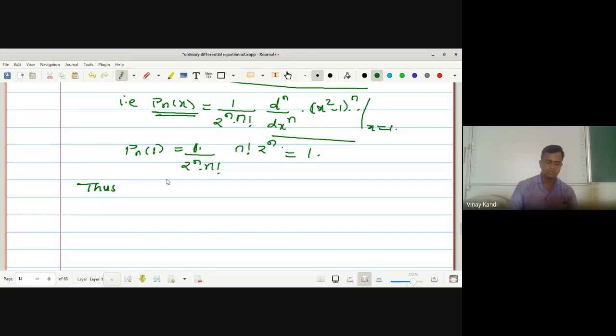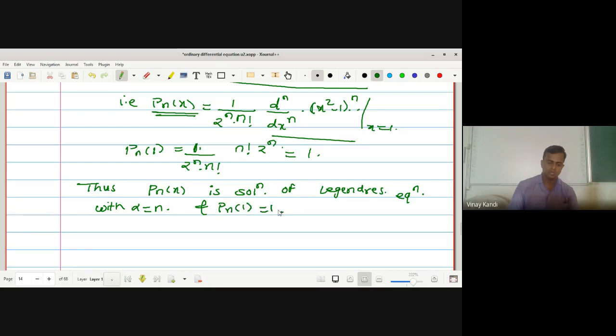Thus Pn of x is solution of Legendre's equation with alpha is nothing but what? N. Alpha is equal to n and Pn of 1 is also equal to 1.